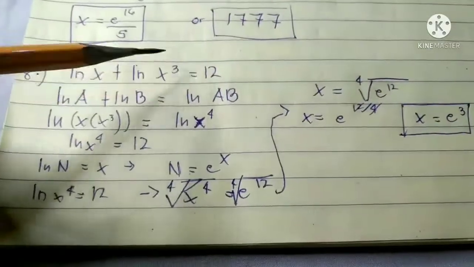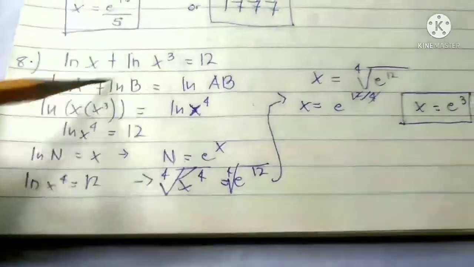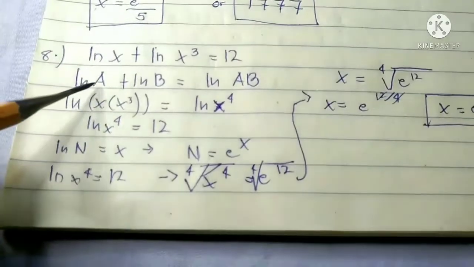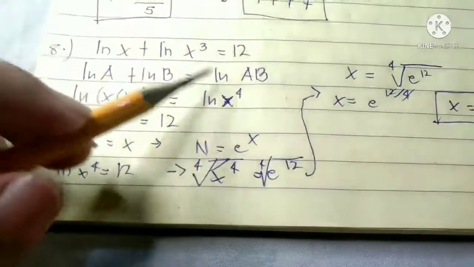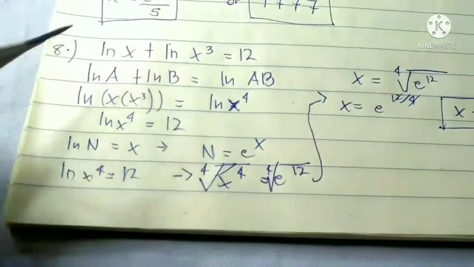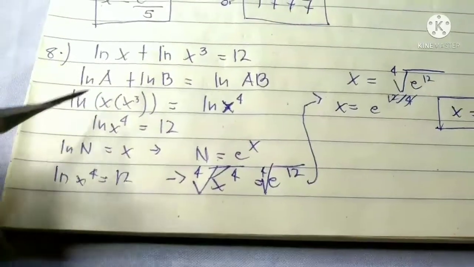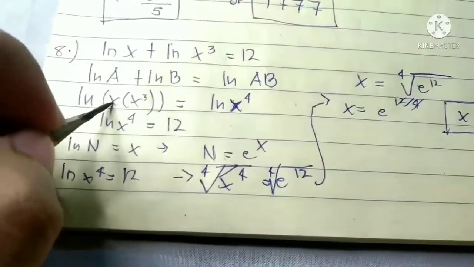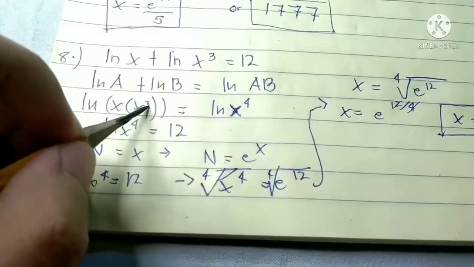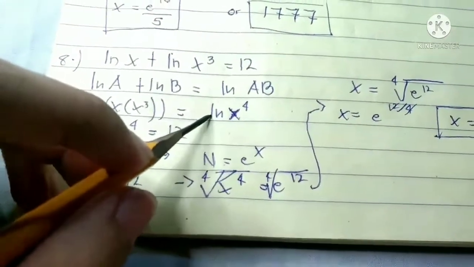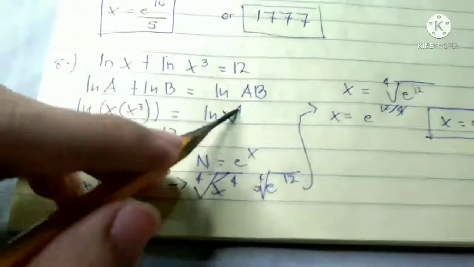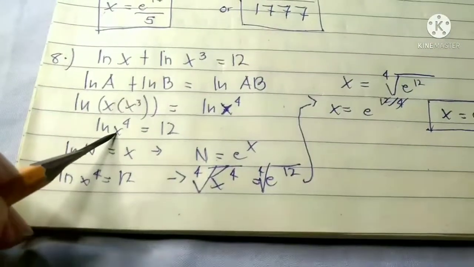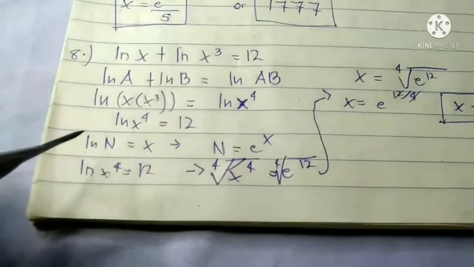is equal to 12. So we can combine these two by using this equation. So ln a plus ln b is equal to ln ab. So we can write it now like this. So we have ln quantity x times x raised to 3, and we will get ln x raised to 4. So now we have here ln x raised to 4 is equal to 12.